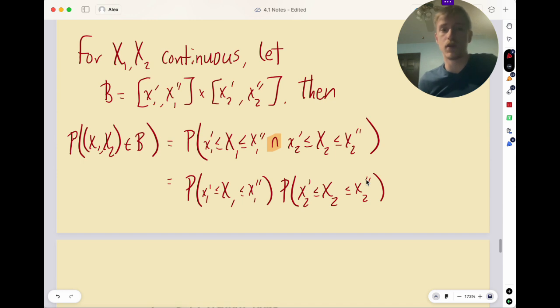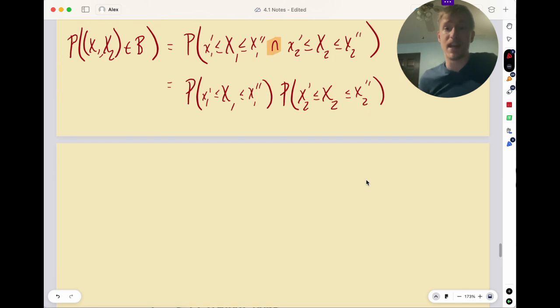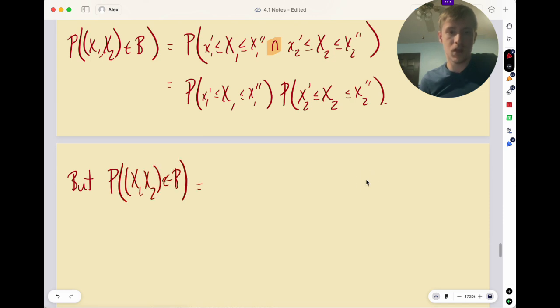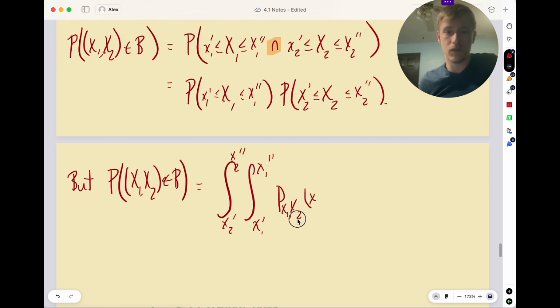So the intersection essentially works the same way, but the reason this is useful is that now let's look at what the integrals are. Remember, that's essentially the double integral over B, which is going to be from x1 prime to x1 double prime and x2 prime to x2 double prime of the joint density, dx1 dx2.